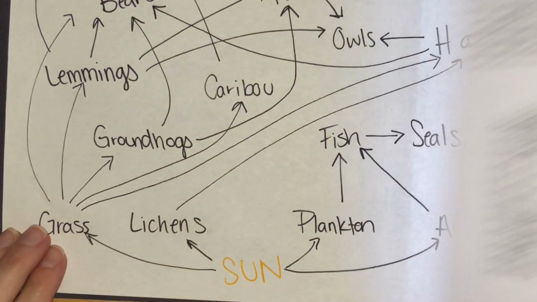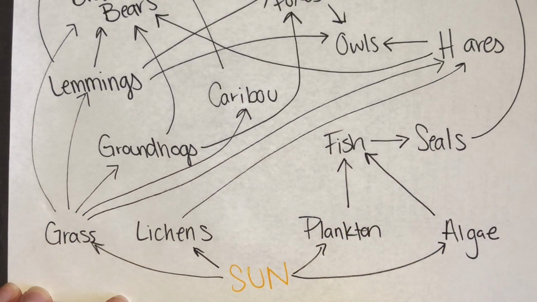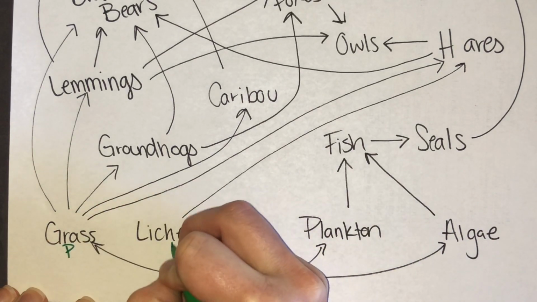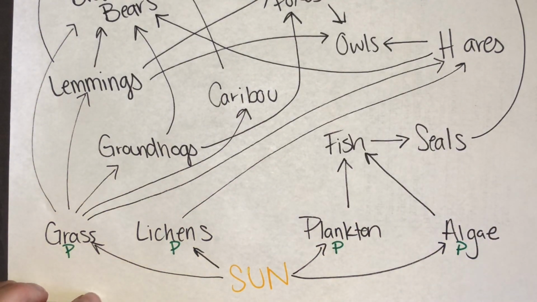So, the producers, that's everything that gets its energy from the sun. So, everything that has an arrow pointing from the sun to it is a producer. So, I'm going to put a P next to all of those.